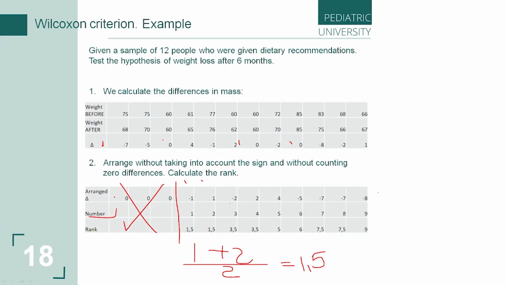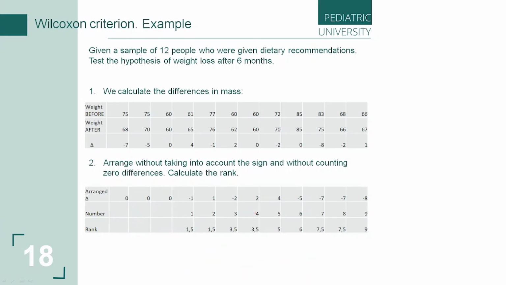Next, we have the same numbers, 2 and 2, and they are the third and fourth numbers in our sample. What is the rank for these numbers? Again, the rank is the average between the third and the fourth number.